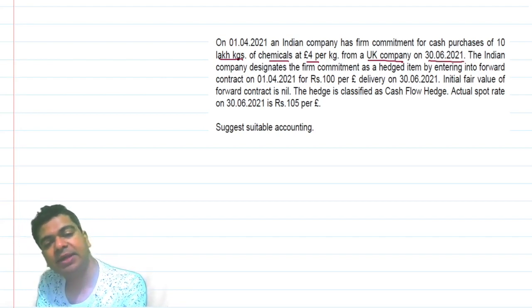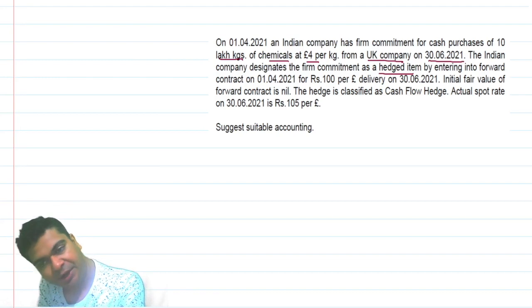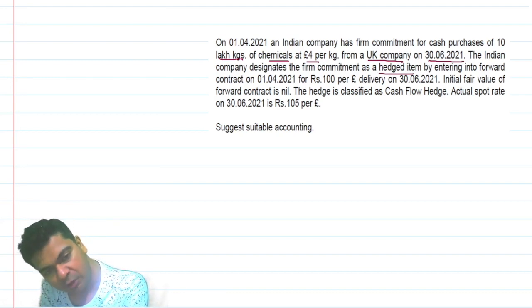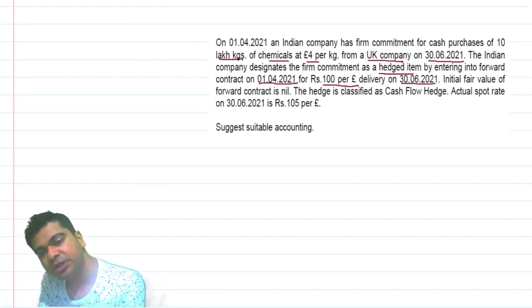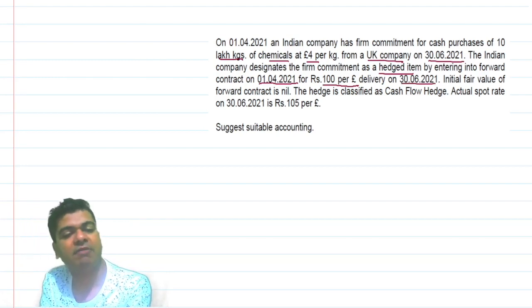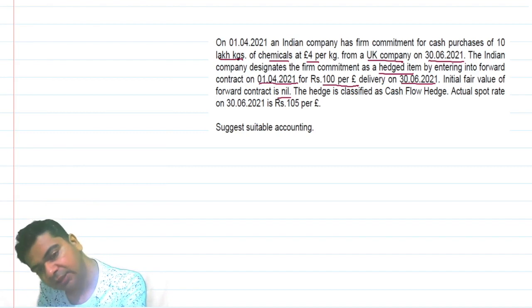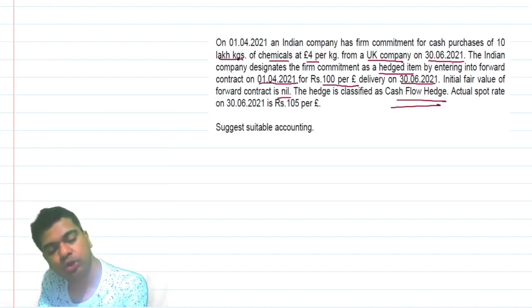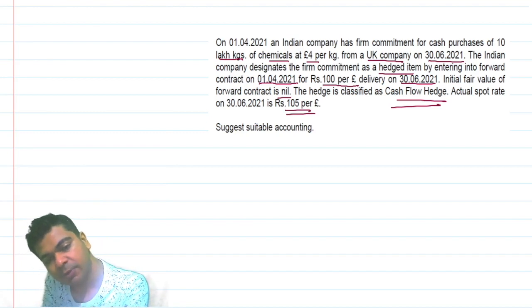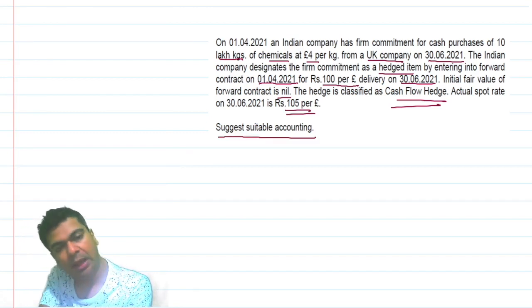The Indian company designates the firm commitment as a hedged item by entering into a forward contract on 1st April 2021 for ₹100 per pound, delivery on 30th June 2021. Initial fair value of the forward contract is nil. The hedge is classified as a cash flow hedge. Actual spot rate on 30th June 2021 is ₹105 per pound. Suggest suitable accounting.